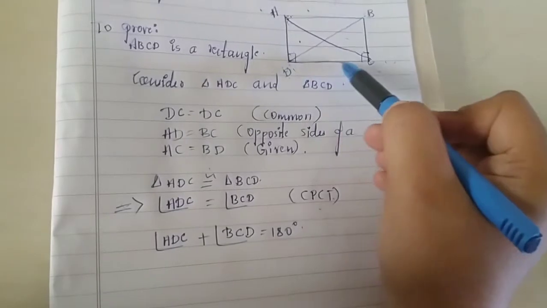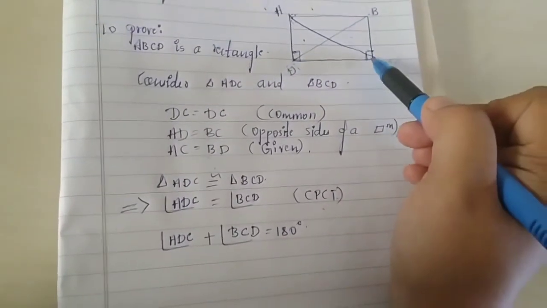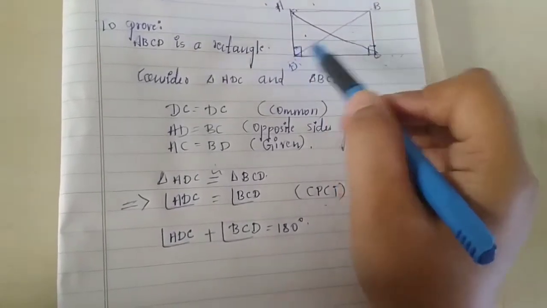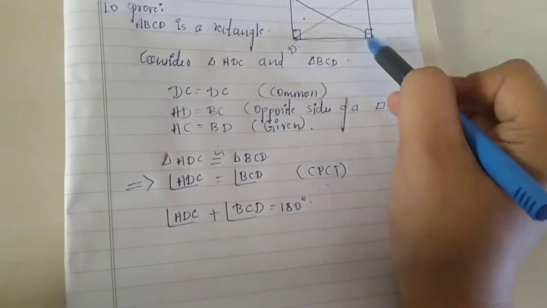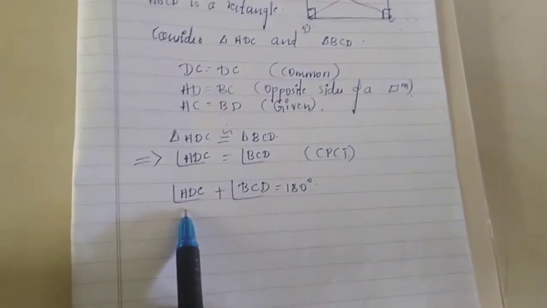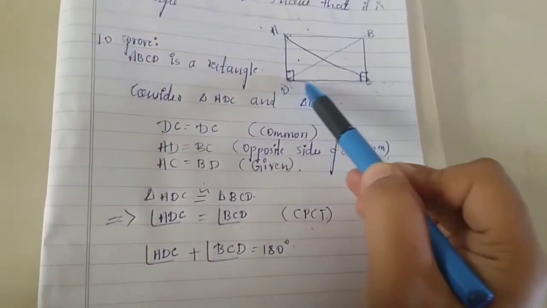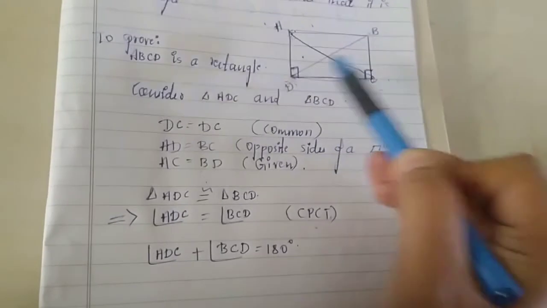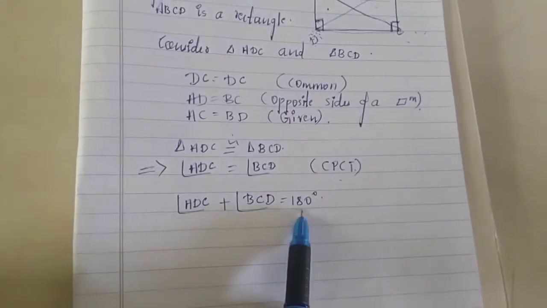So this is your transversal, this is one side of your transversal, right? So now the sum of angles on the same side of the transversal will be equal to 180 degrees. Okay, so according to that I have written this statement. Angle ADC plus angle BCD, because here DC is the transversal, the sum of angles on the same side of the transversal will always be equal to 180 degrees.